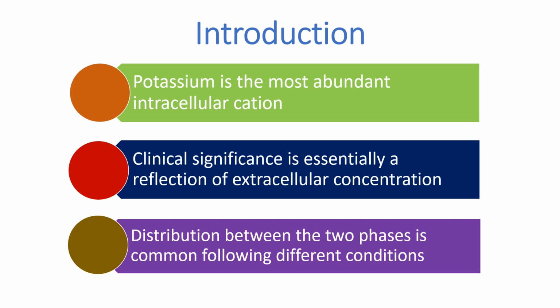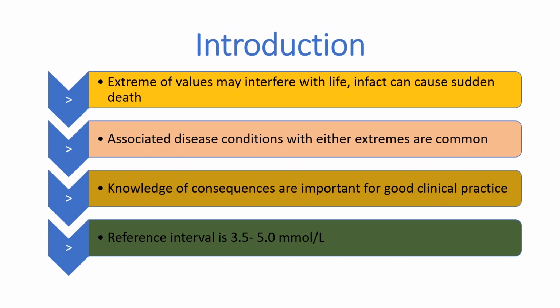However, several pathological or physiological conditions can cause the movement of potassium into and out of the cell to either increase or reduce the amount of potassium in circulation. When such changes occur, leading to either a very low or a very high level of potassium in circulation, the resultant effect can interfere with the normal functioning of several organs of the body.